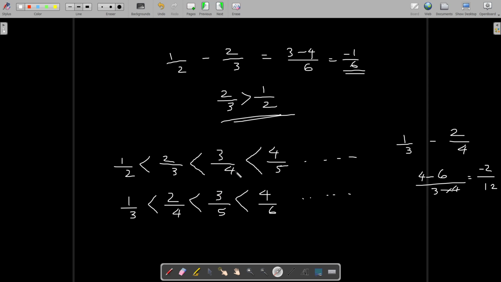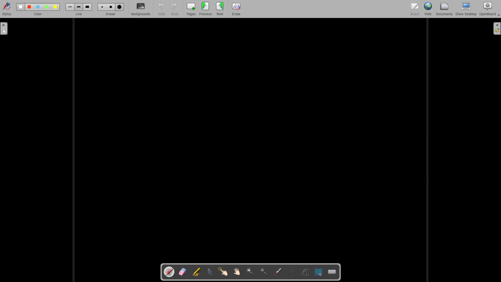Let me explain. Let's say you have to compare 91 by 93, 93 by 95 and 95 by 97. Try to write this in ascending order. Now this set of fractions has a pattern. The denominator is 2 greater than the numerator.